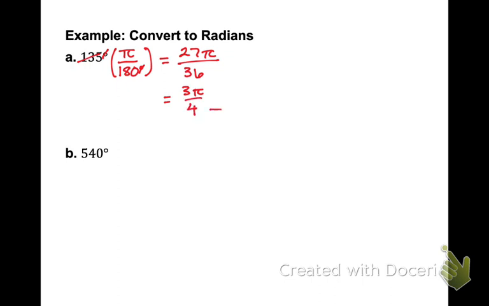What's 4? It's 45. How many 45 pieces do I have? 3. So that angle would be 1, 2, and 3. 135. And you should be able to write that pretty accurately, because it's exactly half of a quadrant, correct?